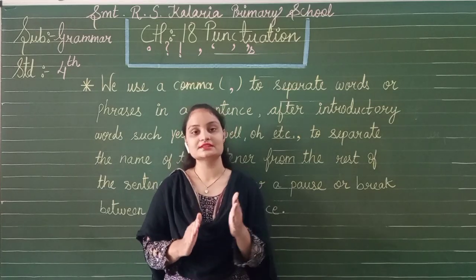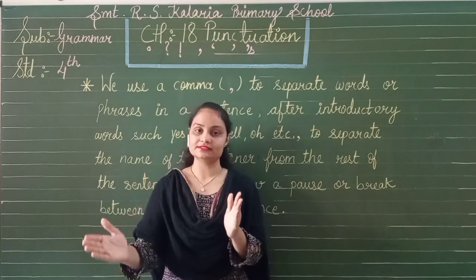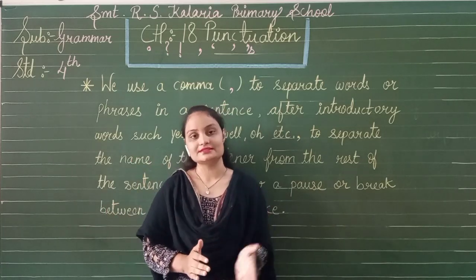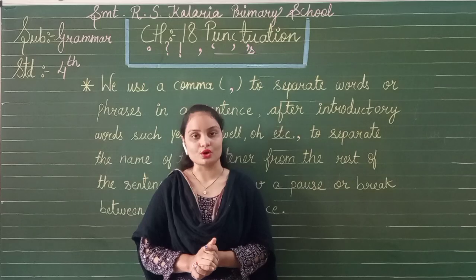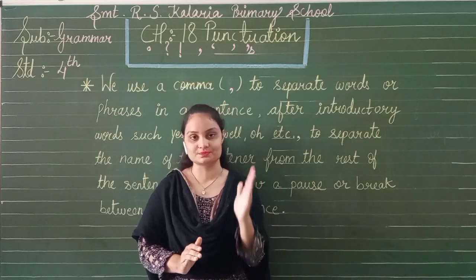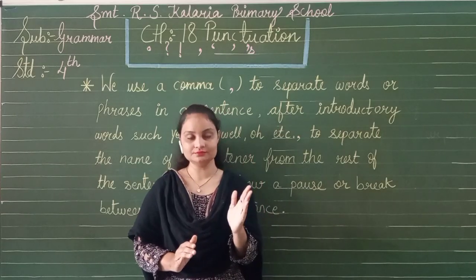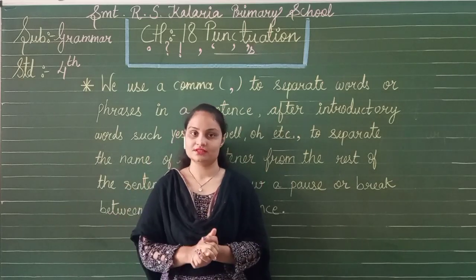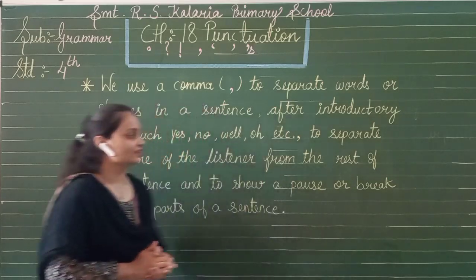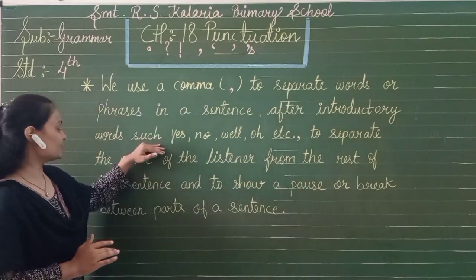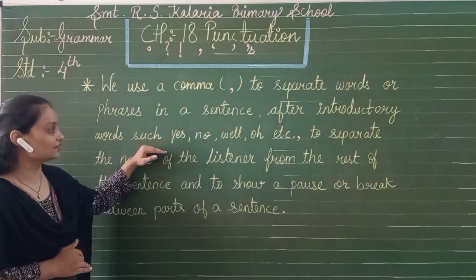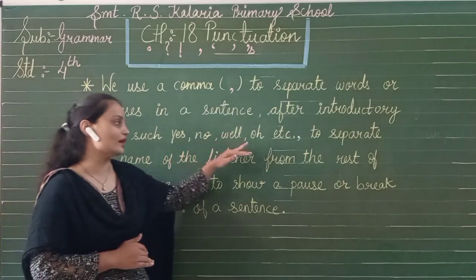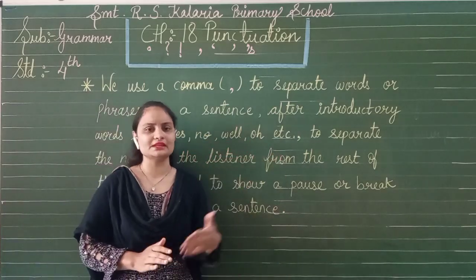So if we want to separate the listener's name from the sentence, at that time also we are using a comma. To separate the name of the speaker or the listener, or to separate the series of words, then also we are using a comma. Then next is to separate words like introductory words, that is yes, no, well, oh, etc. There are many more.